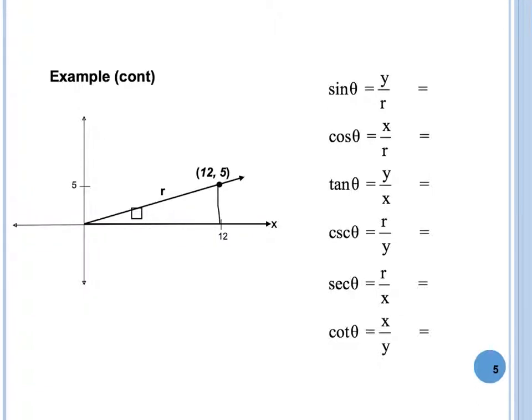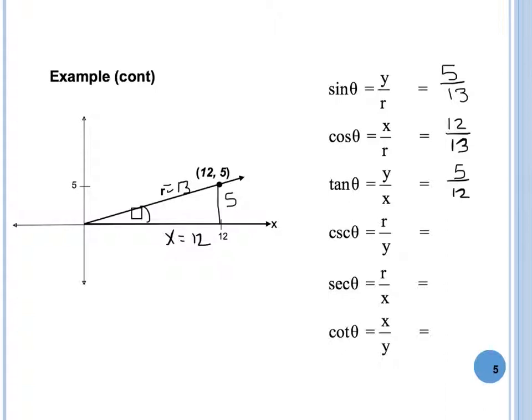So here we go. R equals 13, y is 5, x is 12. So sine of my angle is 5 over 13. Cosine is 12 over 13. Tangent is 5 over 12.